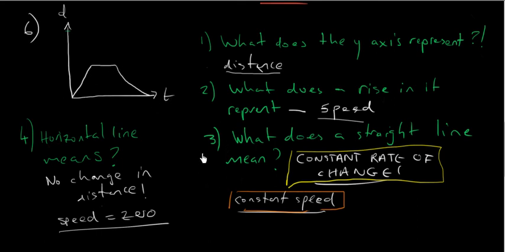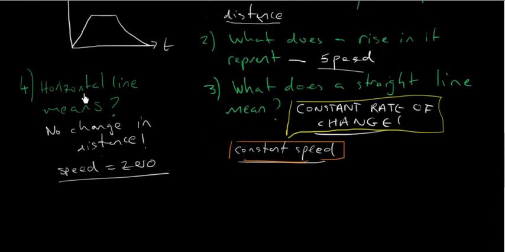And finally, a curve. What does a curve mean? On the distance time graph, it would mean a non-constant rate of change.